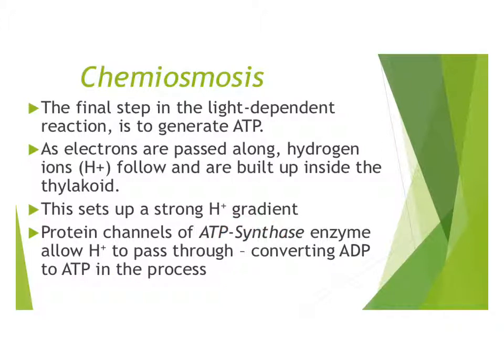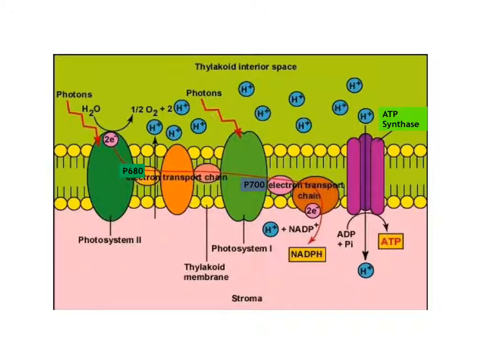So let me show you what that looks like. Here is, again, the whole process. We've got our P680, the electron transport chain, P700, another bit of electron transport chain. All the while electrons are being transported, these hydrogen ions are building up. You see all these hydrogen ions inside the thylakoid.